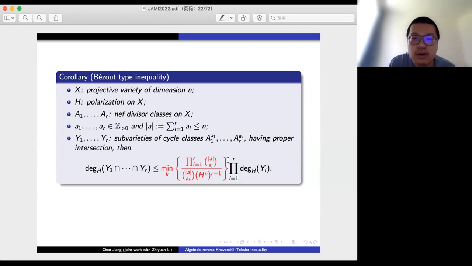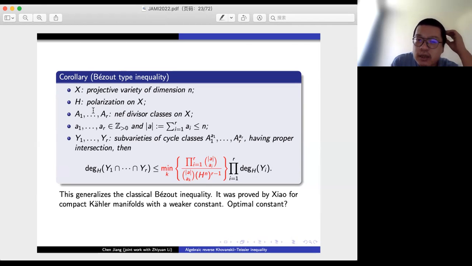divisors, right? This was first observed by Xiao in the complex Kähler manifold case. In his proof the constant, which I marked in red, is bigger. Here we can show a smaller constant by applying our algebraic version of the inequality.